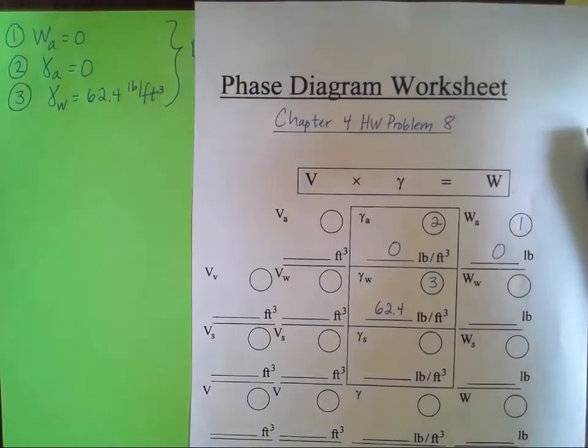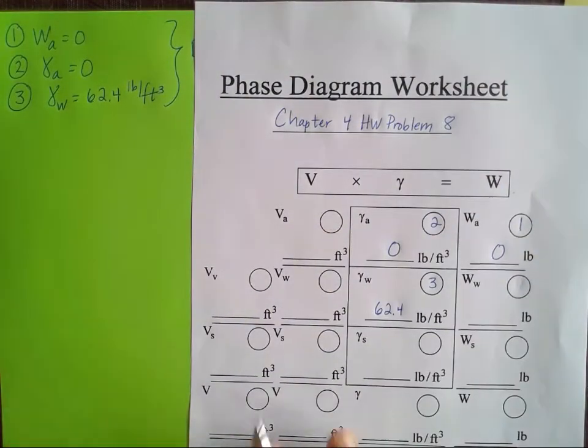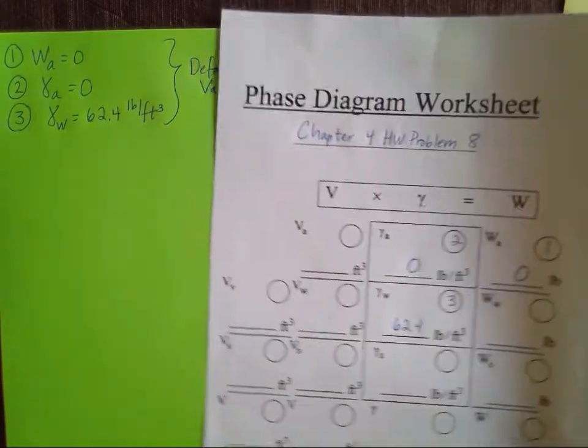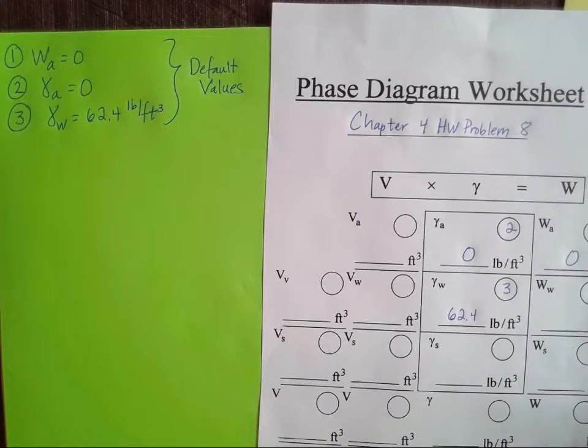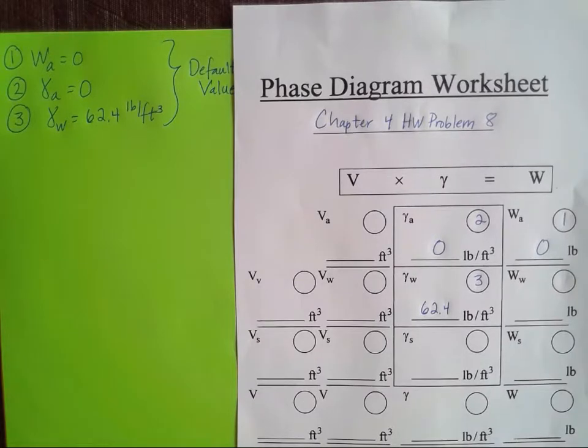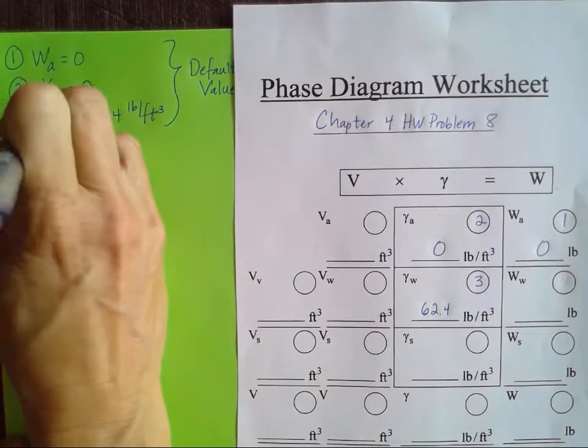So I went ahead and started with our default values here, that our weight of air is 0, our gamma air is 0, and our gamma water is 62.4 pounds per cubic foot, and wrote them into the phase diagram worksheet. From here, I'll list what we were given in our problem.